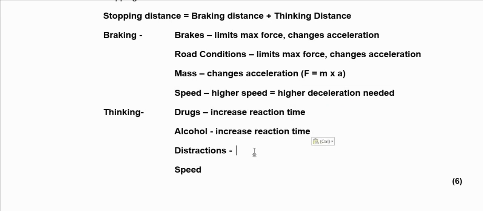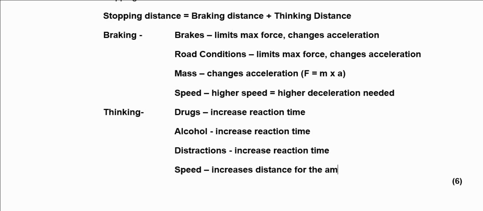Increase reaction time. All of the thinking distance ones like that work in the same basic way. How does speed affect thinking distance? Well, the faster you're going, the further you go for the same reaction time. So higher speed increases distance for the same reaction time.